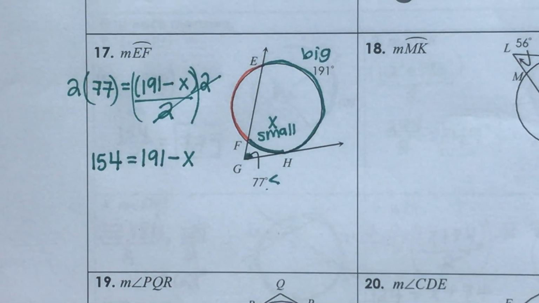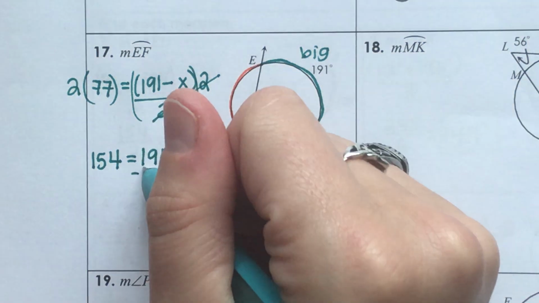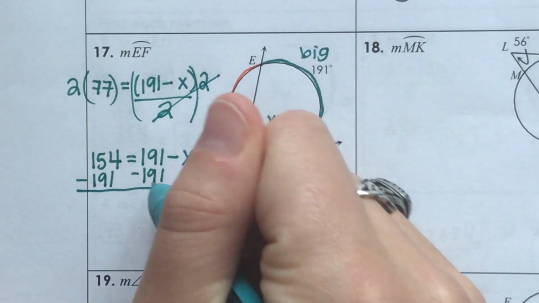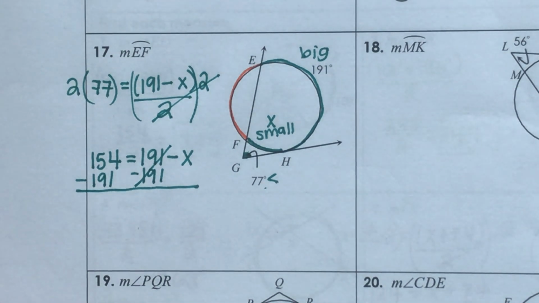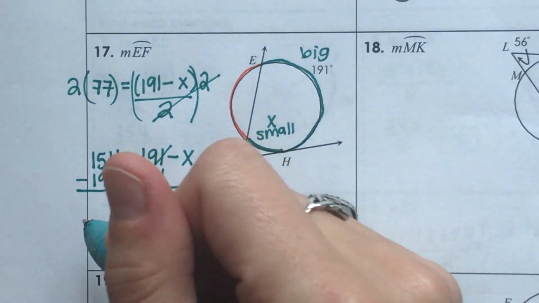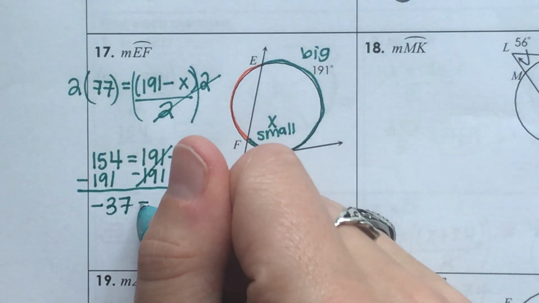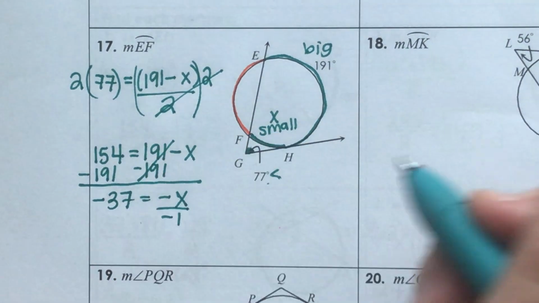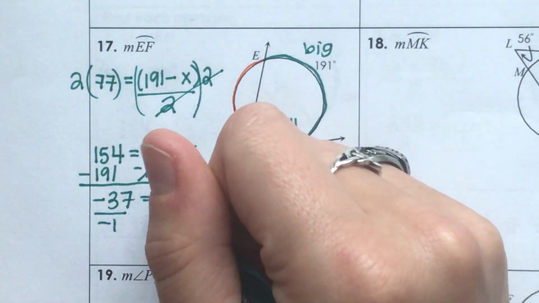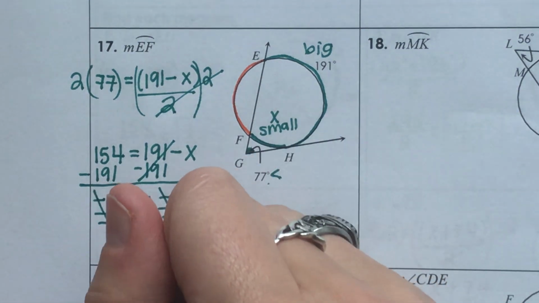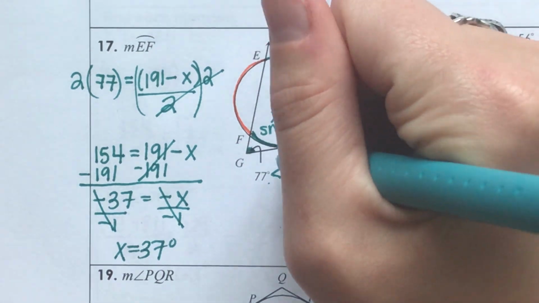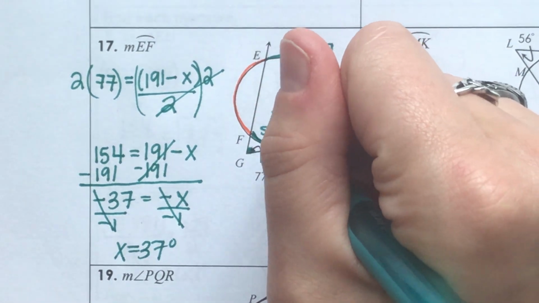Now, to get the x by itself, I'm going to subtract 191 from both sides. And I am going to get, I don't know what that is off the top of my head, negative 37 equals negative x. And then to get rid of that negative sign, I'm going to divide them both by a negative 1, right? Because the negatives will cancel. And I get x equals 37 degrees. So I know the small piece is 37.